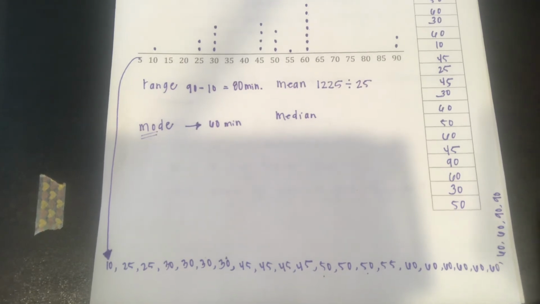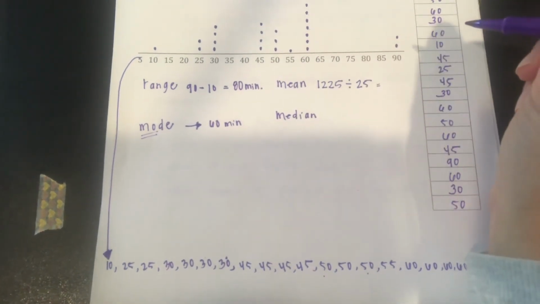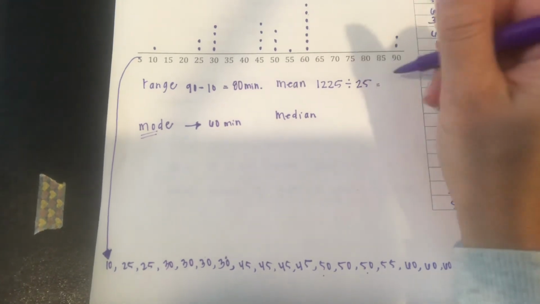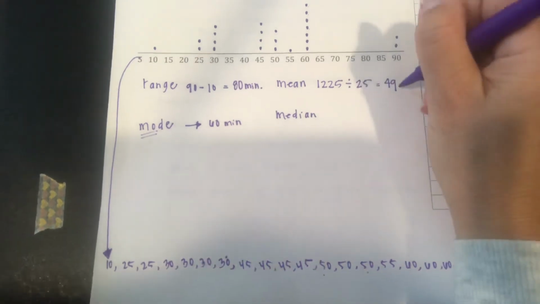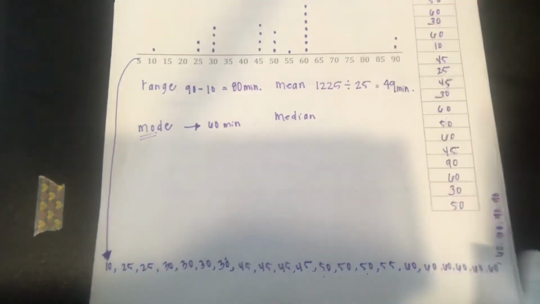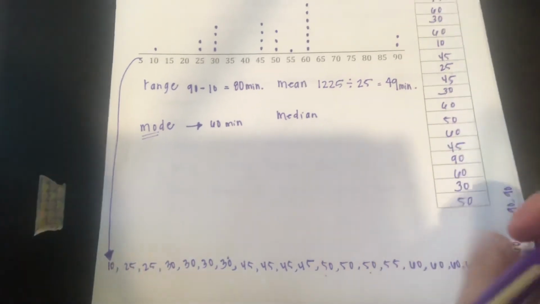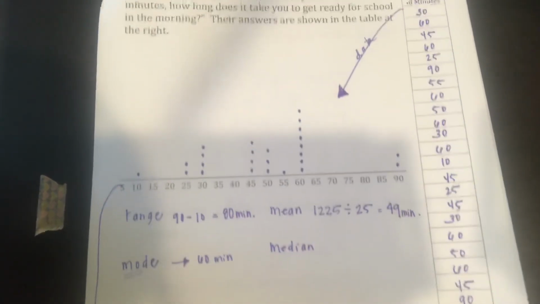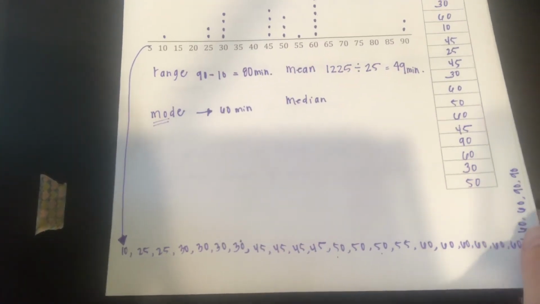And I'm just going to tell you that 25 will go into 1,225 49 times. So the answer is 49 minutes because everything is in minutes. My graph up here, or my data, says minutes, so all of my labels need to be in minutes as well.